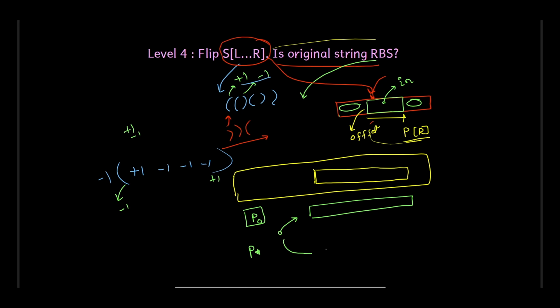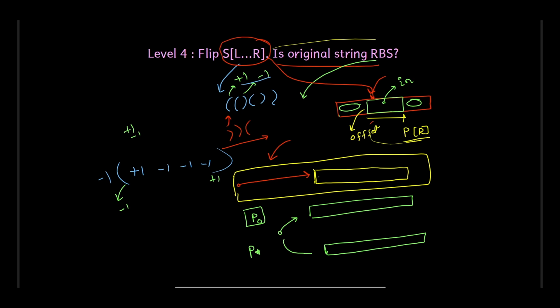That is the inversion of the entire string. You store the prefix sum array. Then if you want to make the entire string an RBS, since you have not changed this part, it will not matter, right? This part will still satisfy the strict criteria that you have for RBS.